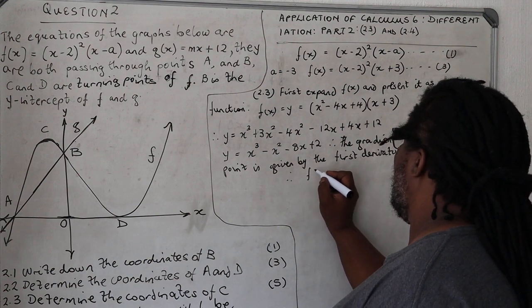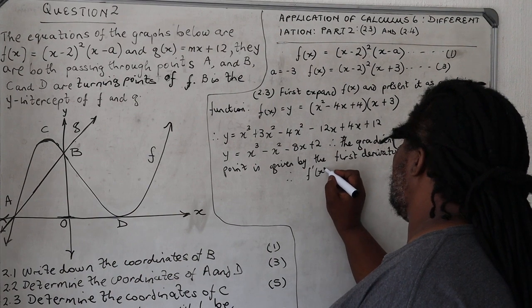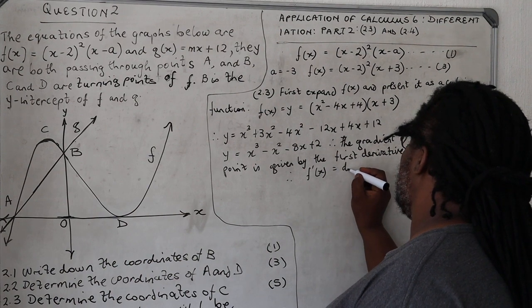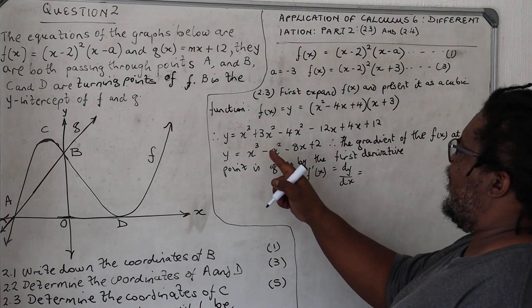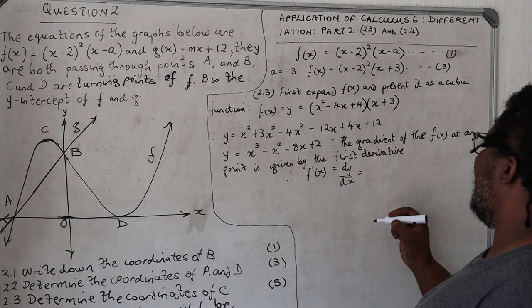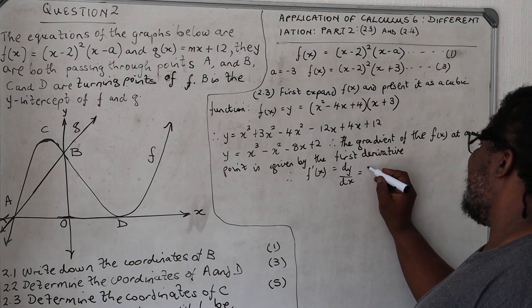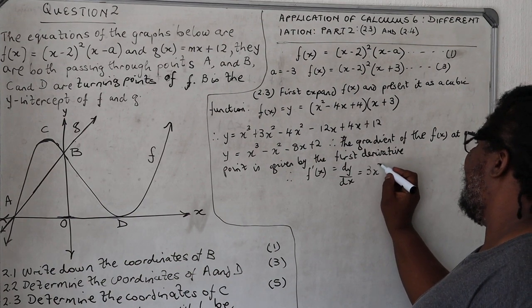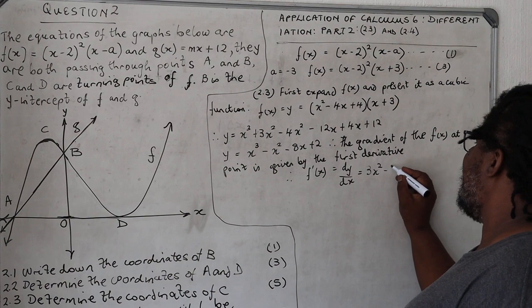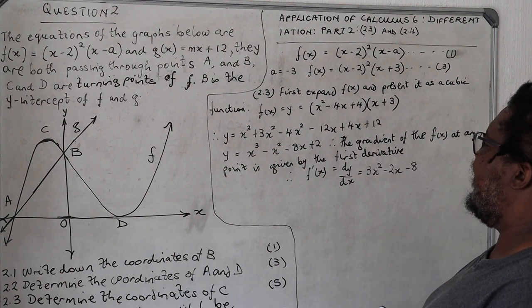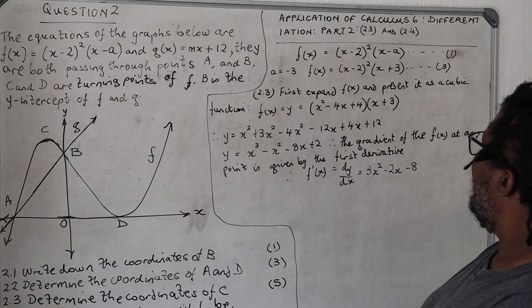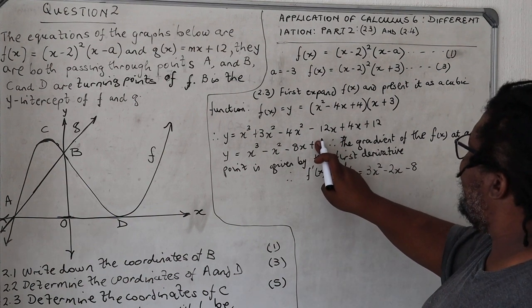Therefore, f prime x is equal to dy/dx is equal to, we differentiate that expression there, that gives us 3x squared minus 2x minus 8. This is 12, not 2.